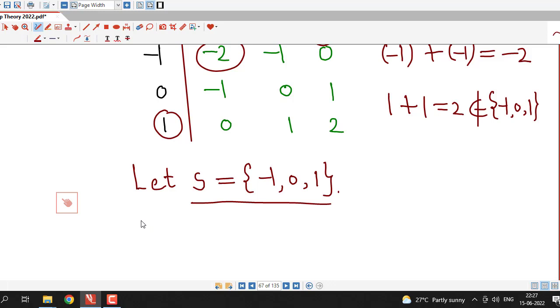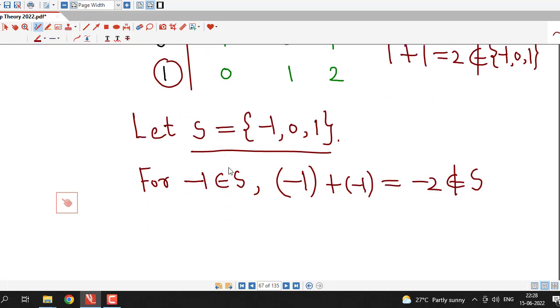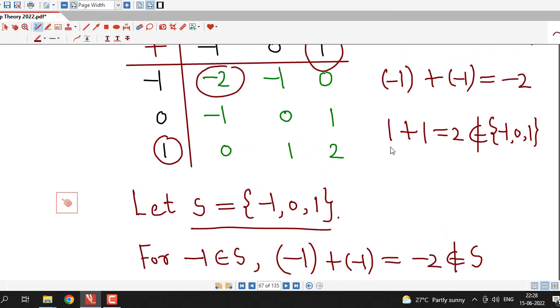But we observe that for -1 belongs to S, -1 plus -1 is equal to -2, and it is not in S. Therefore addition is not a binary operation on the given set S. Or we can write for 1 also.